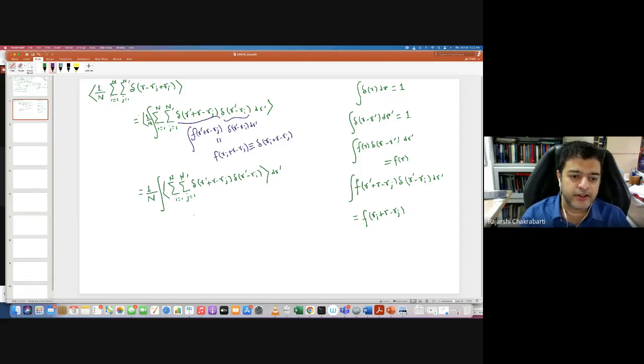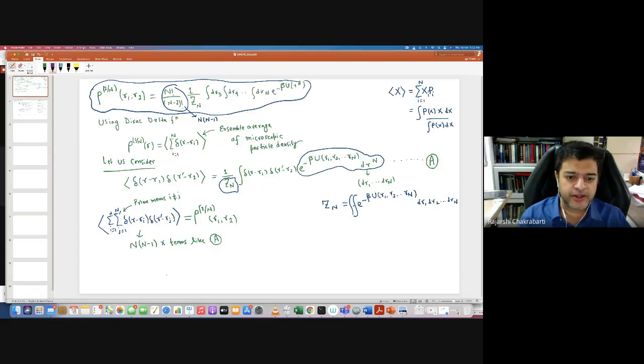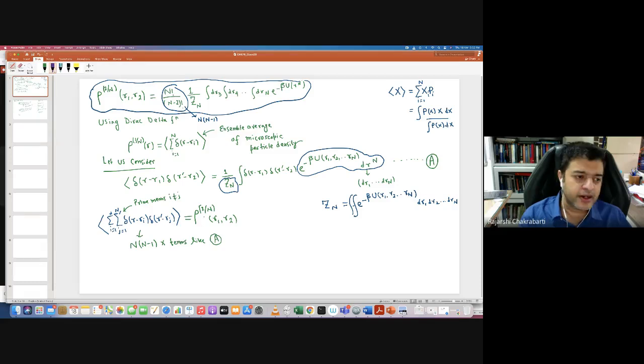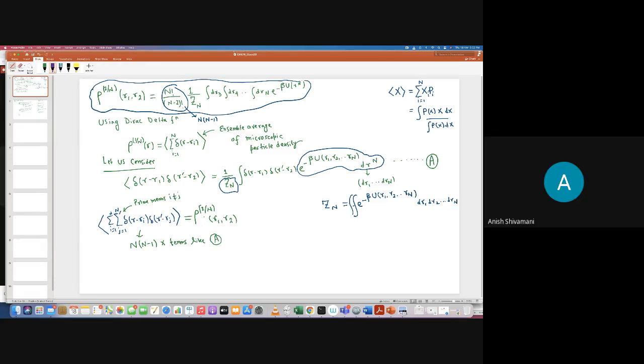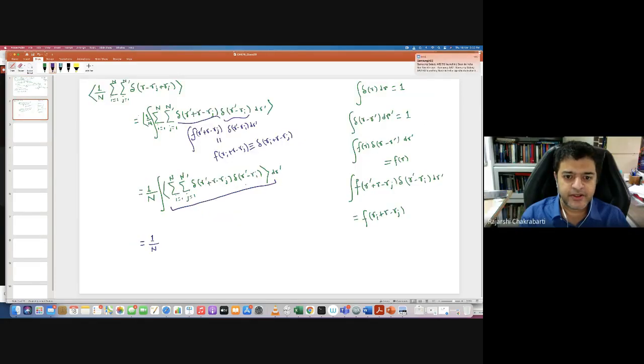What is this angular part? Look at it carefully. Rho 2 by n at R1, in this case, go to the previous slide, Rj minus Ri. This angular part is something like a two particle density, isn't it? But not at R1, R2, but at R prime and R prime plus R. Can you see that?